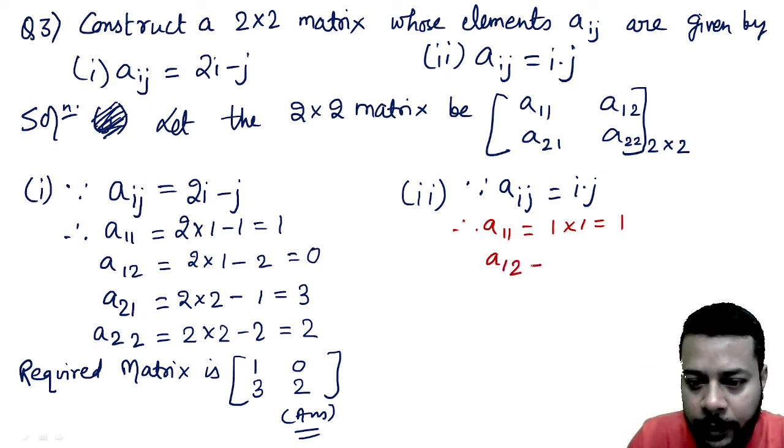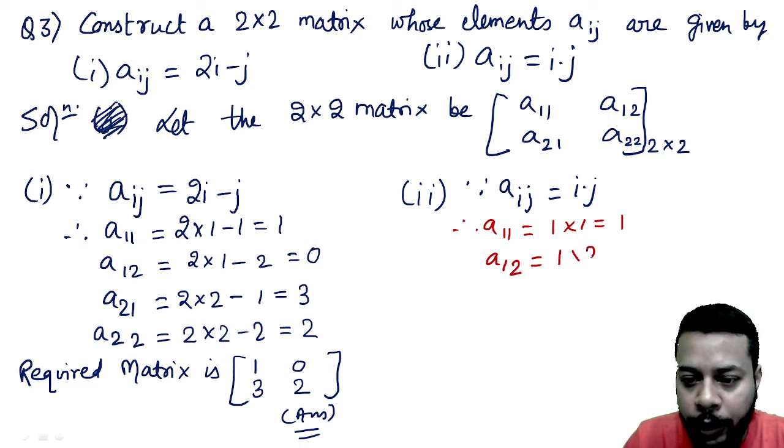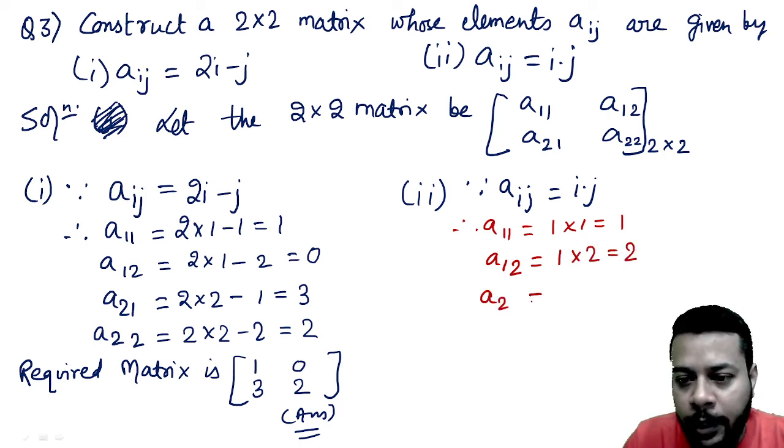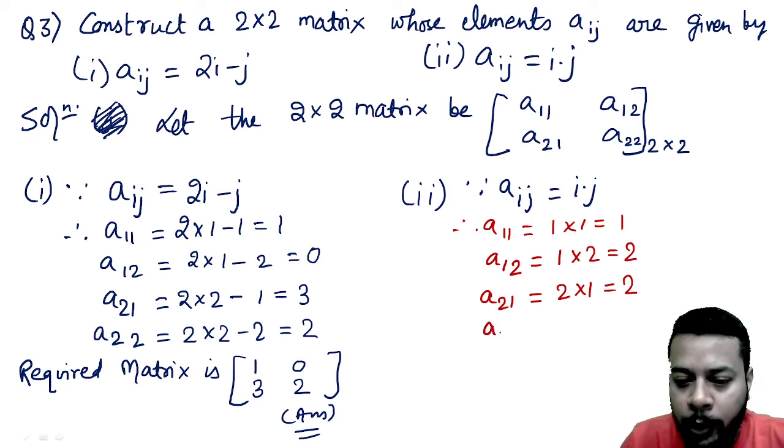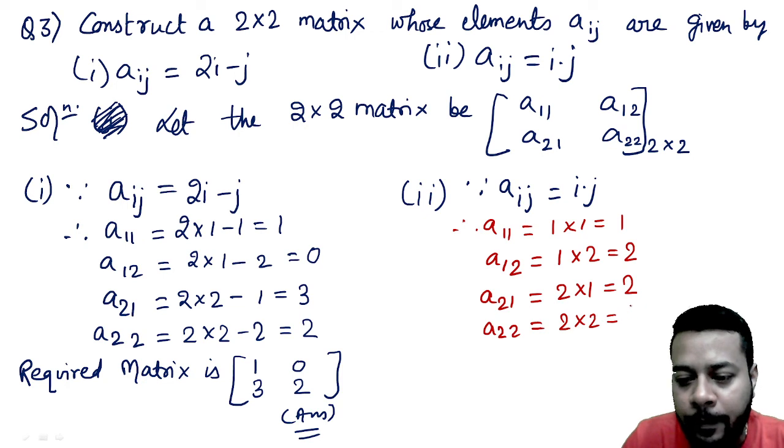A12: i value 1, j value 2, it will be 2. A21 will be what? i value 2, j value 1, it will be 2 into 1, that is 2. A22: i value 2 and j value 2, it will be 2 into 2, that is 4.